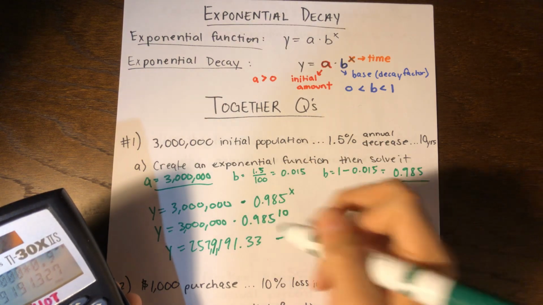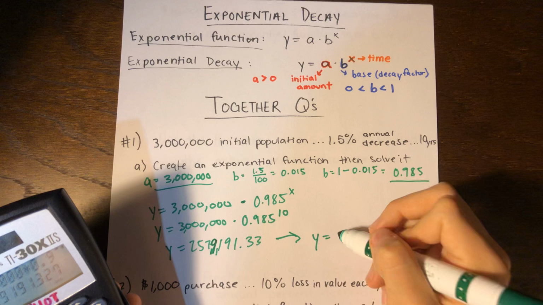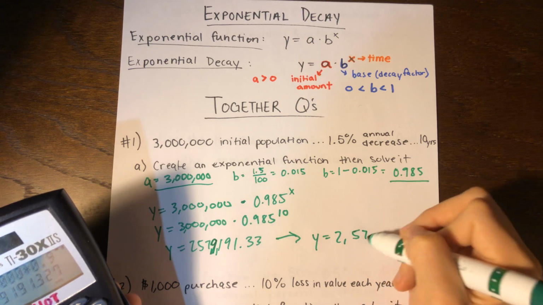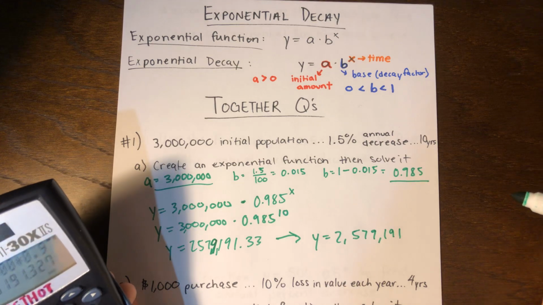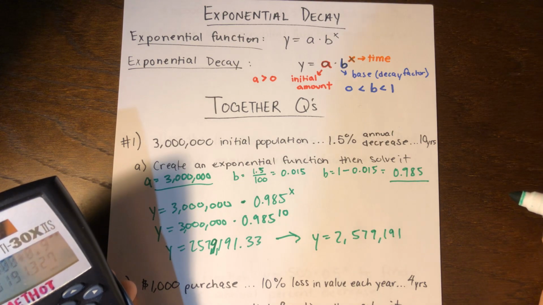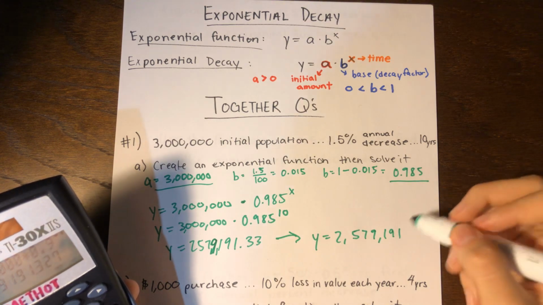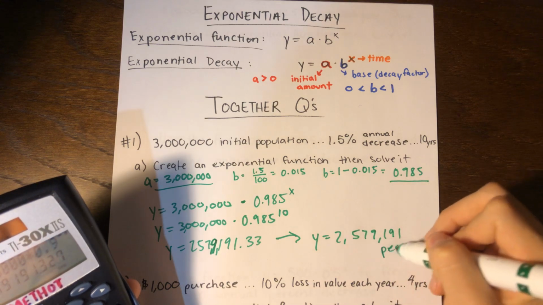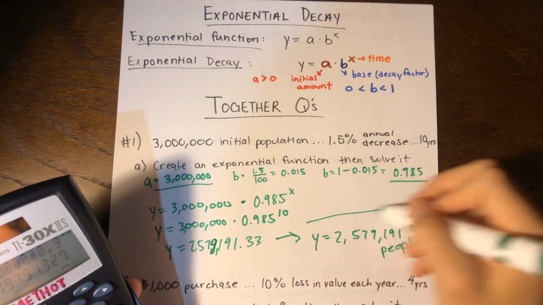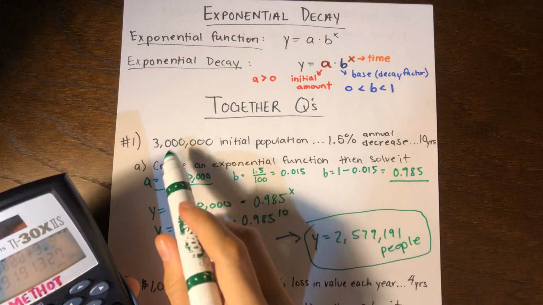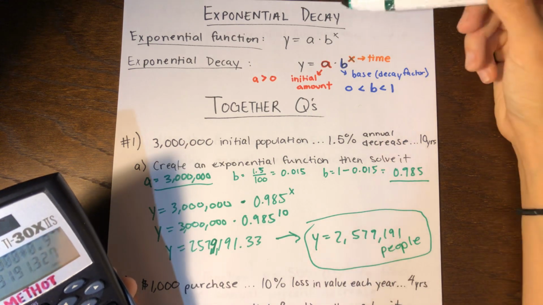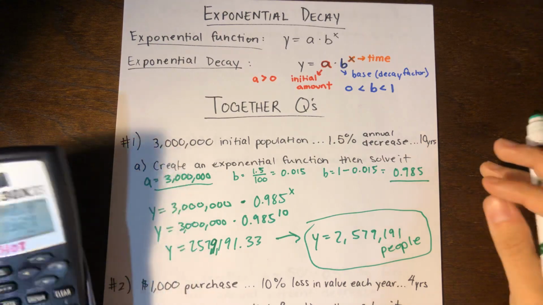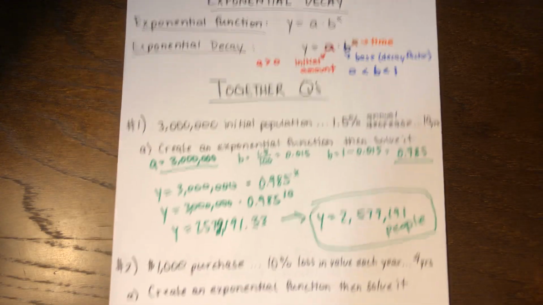So y is equal to 2,579,191 people. And if you can see, it went down from 3 million to 2 million. That's the decay part that's happening. We're losing.